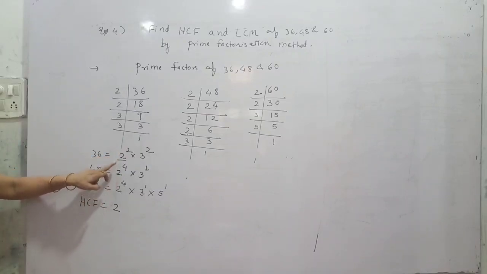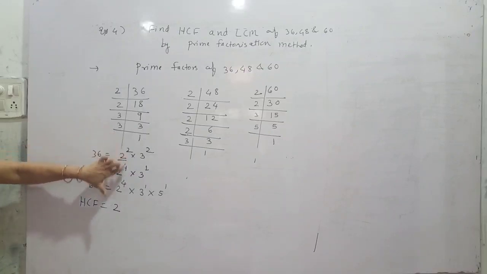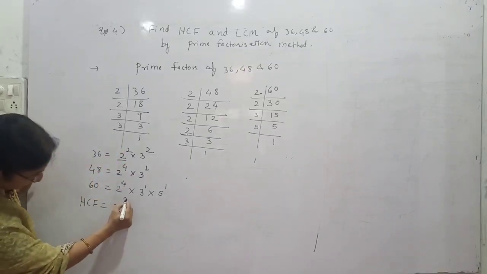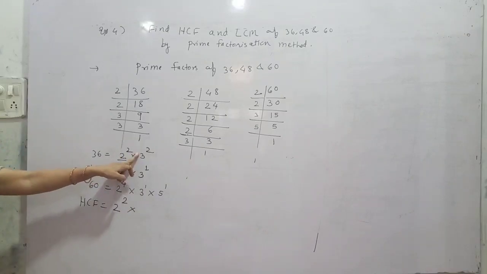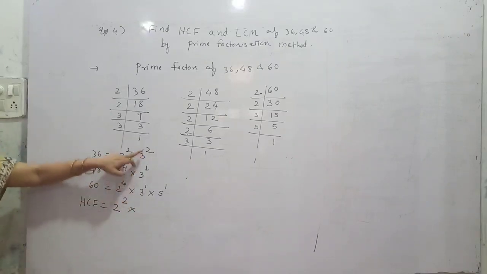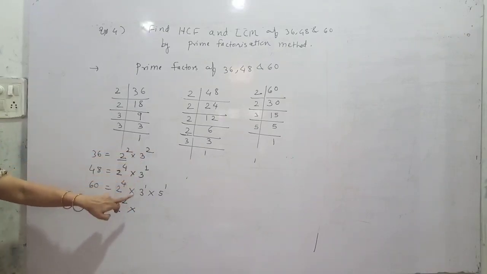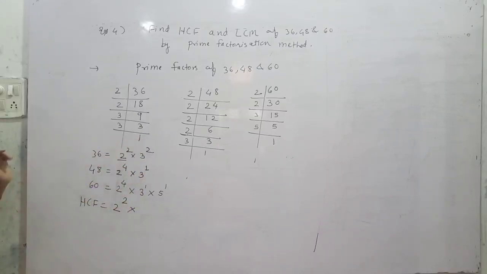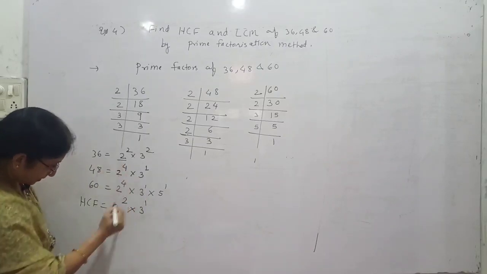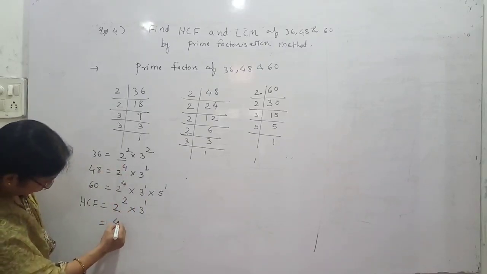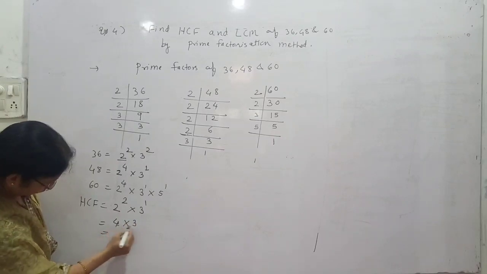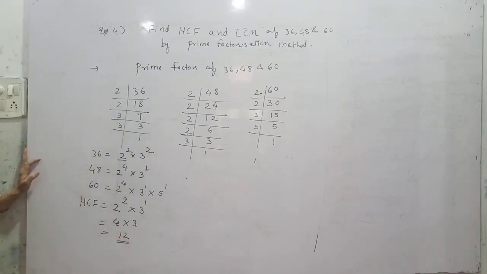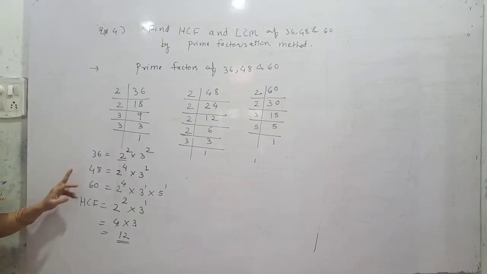The least power is 2, so we write 2 square. Another common factor is 3: 3 raised to 2, 3 raised to 1, 3 raised to 1. The least power is 1, so we write 3 raised to 1. Product: 2 square is 4, 4 3s are 12. So HCF is 12. Now you can verify HCF only, not LCM, by Euclid's division lemma also.